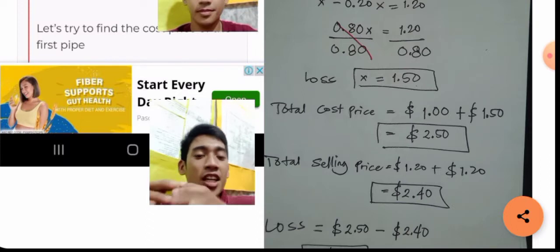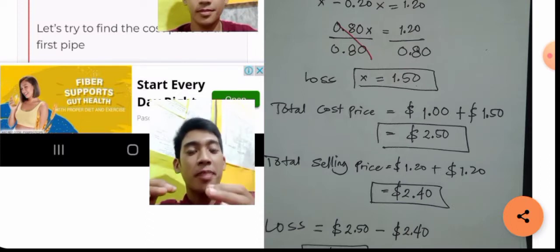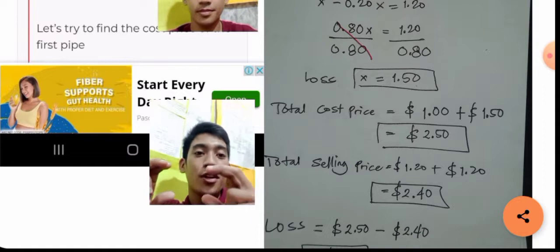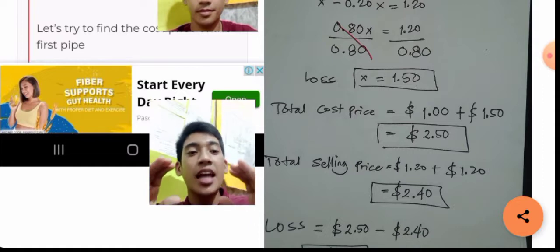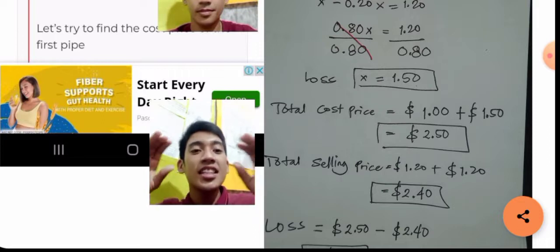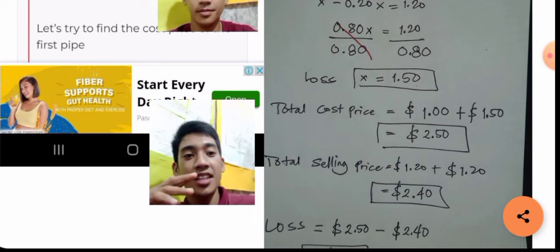Again, if you are asking what's the difference between selling price and cost price: the selling price is the price which the buyer will pay for the pipe. It's the amount to be paid by the buyer. The cost price is the amount used by the seller to obtain the item and sell it.